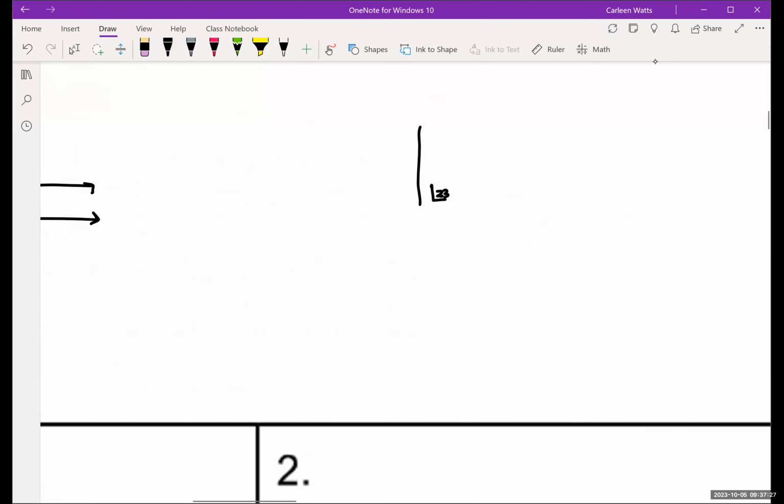Is it on the top of L or the bottom? Is it on the left or the right?